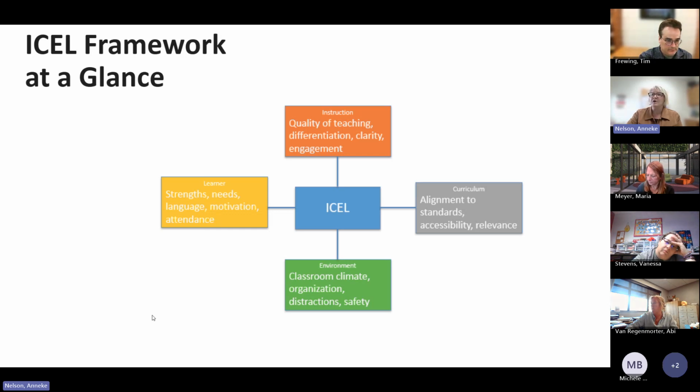This is the framework we use when thinking about problem solving. When something's not going well, we want to think about how instruction is being delivered, how the curriculum is occurring, and then look at the environment and the student learner.